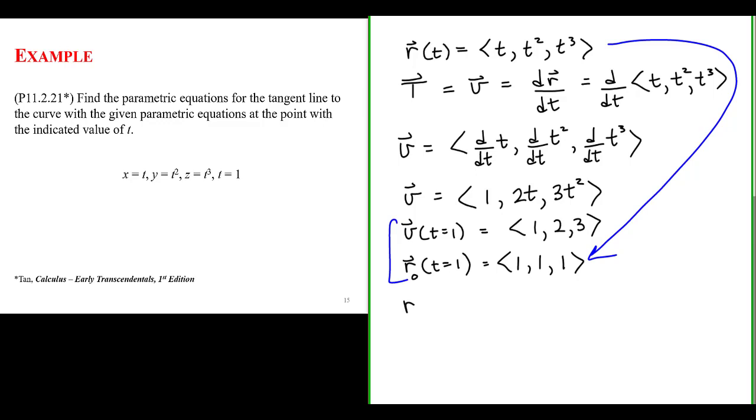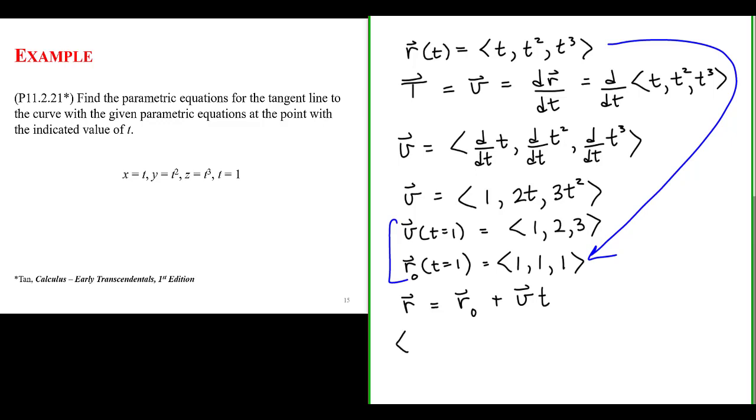So our parametric set of equations of a line can be expressed compactly as a position vector equal to some other position vector r naught for a known point on the line, plus the velocity vector, which is a tangent vector to the line, times t.